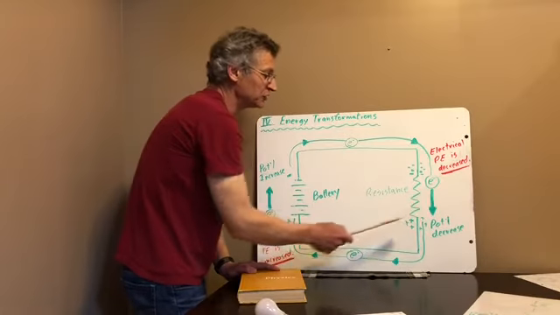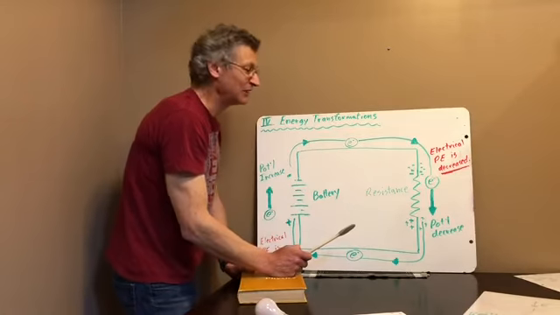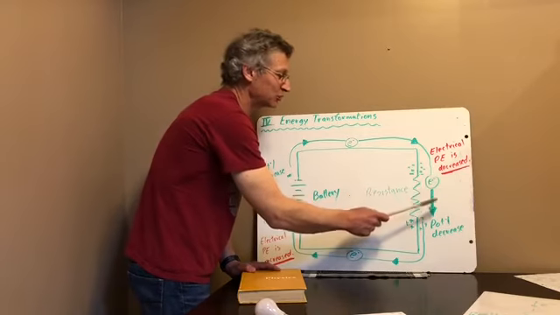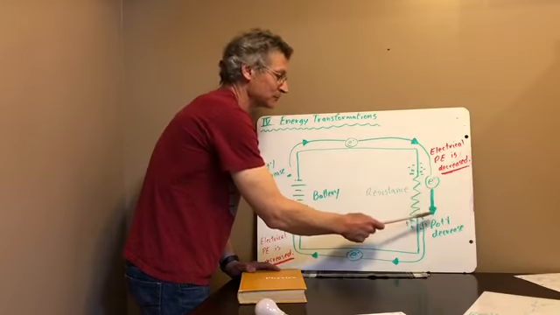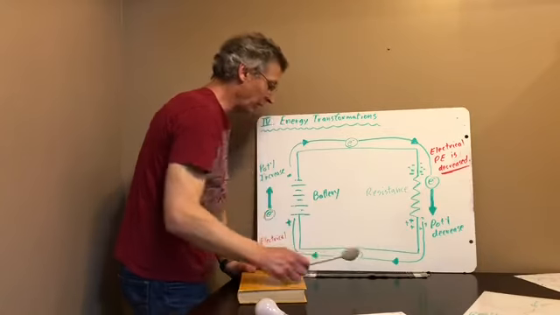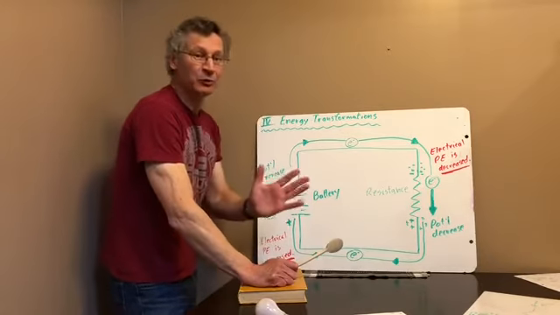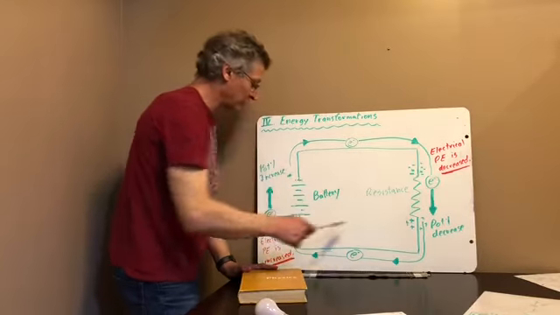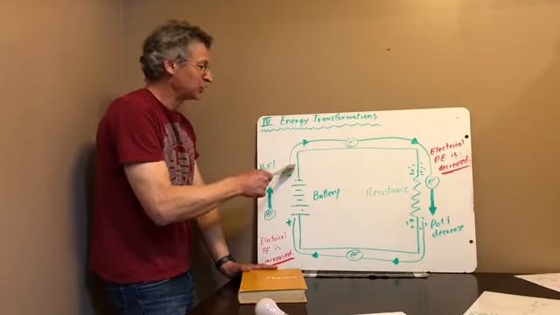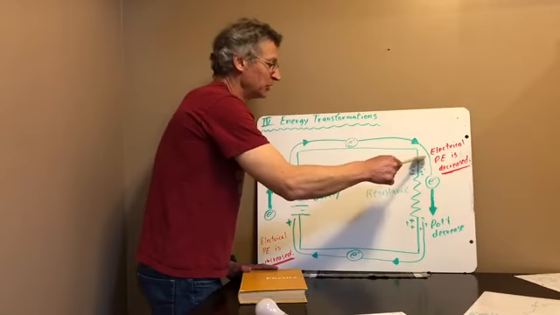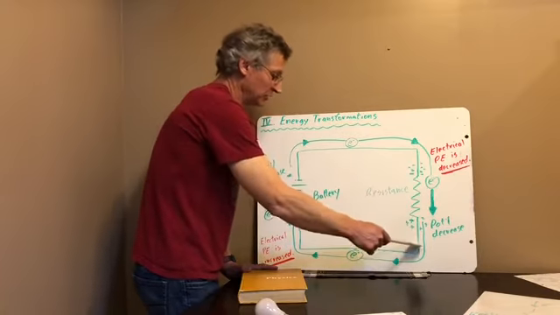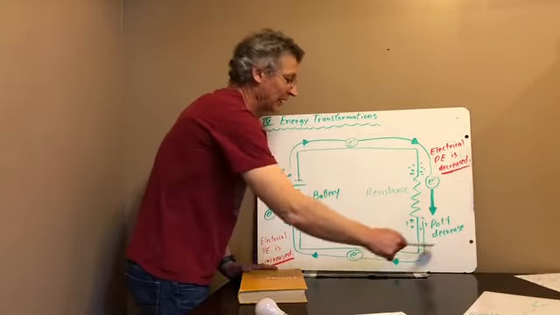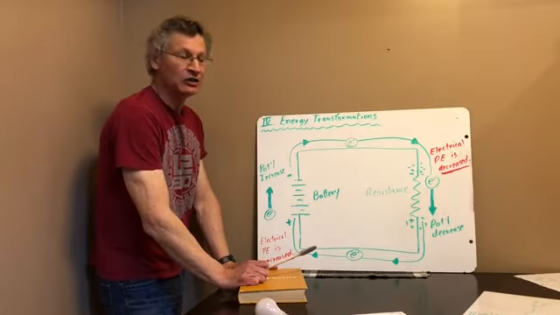So through the resistance, you have what's called a potential decrease, because the electrical potential energy of the electron gets decreased. And that's what I want you to realize from this diagram. If you're an electron going around a circuit: potential increase, no change of potential, potential decrease, no change of potential, potential increase, and so on and so forth.